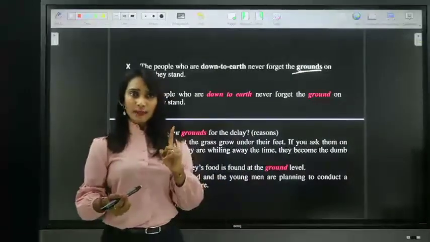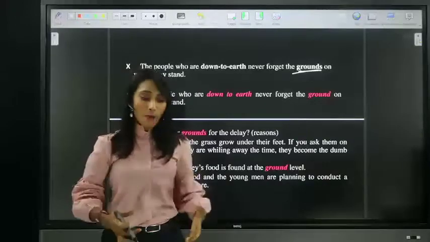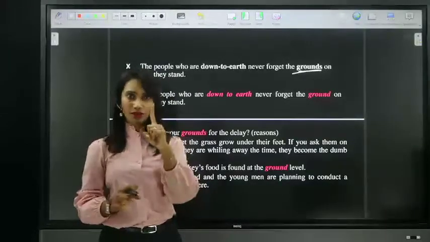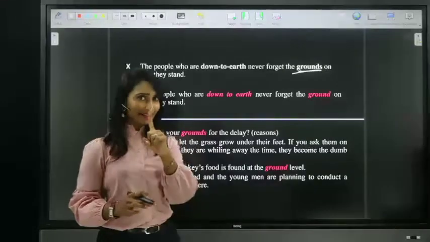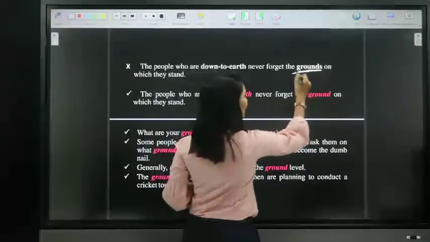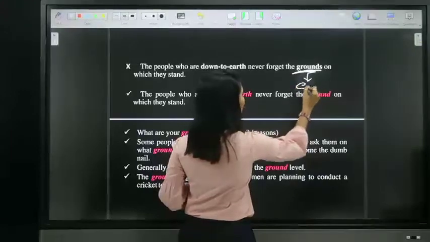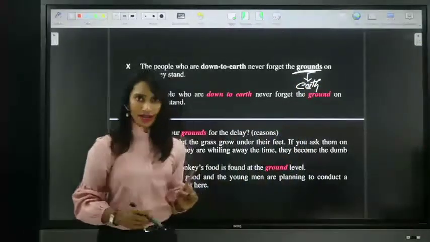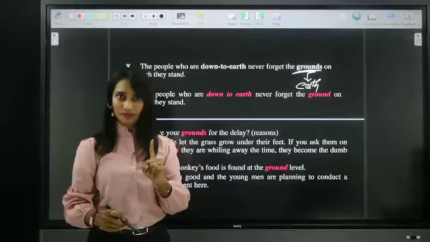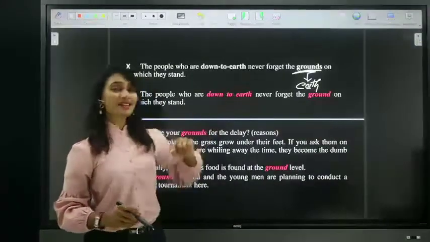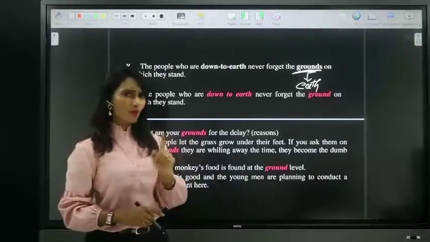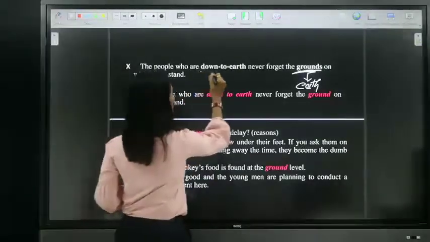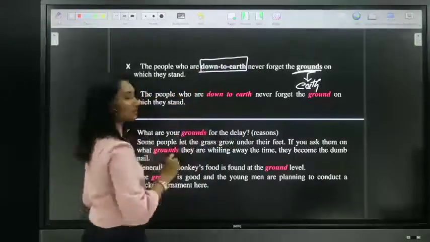At one time, on how many grounds can we stand? Absolutely one. And here, ground in the sense we are talking about earth, right? It is singular. So do not use grounds. And what is the sense of this sentence? To learn that, we should know the sense of down to earth.